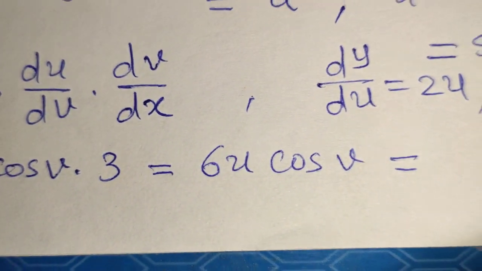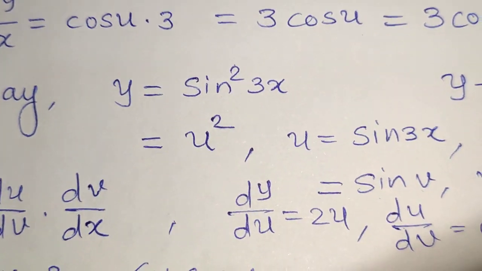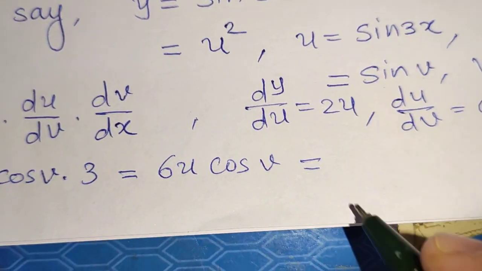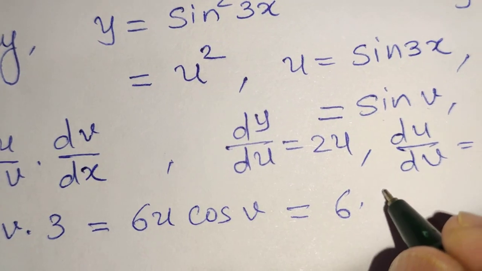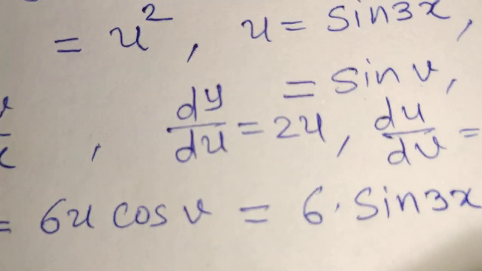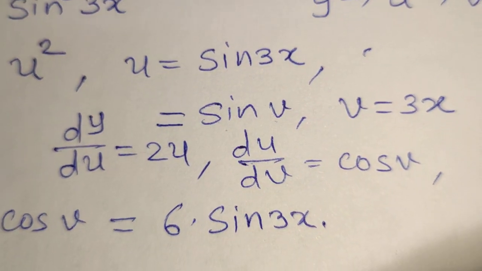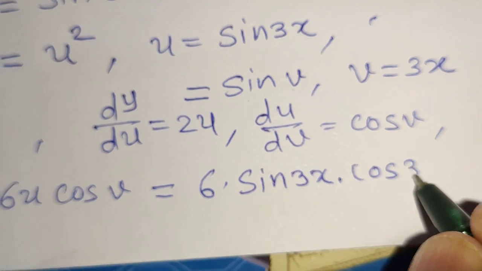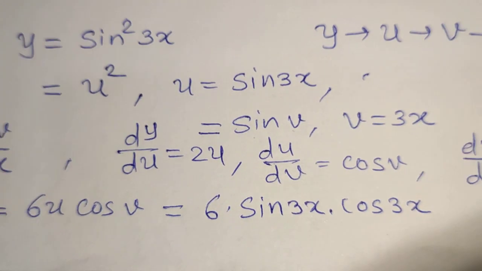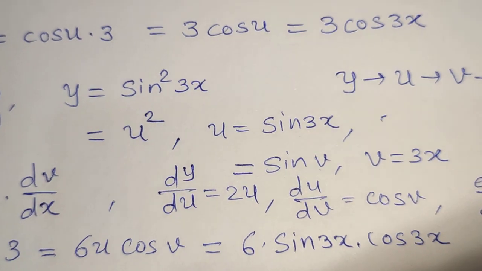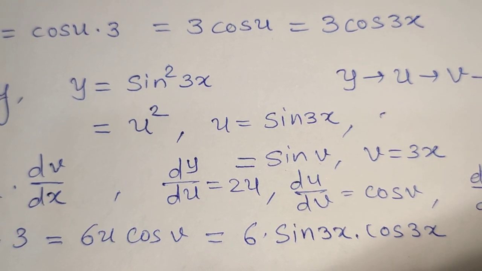Now replace u and v also. U is equal to sine 3x, and v is equal to 3x. So 6, the value of u, sine 3x, into cos v, v is 3x, so into cos 3x. So the derivative of sine square 3x is 6 sine 3x into cos 3x.